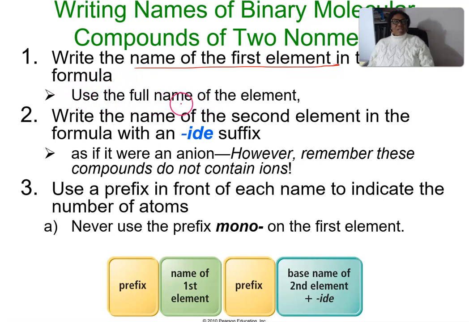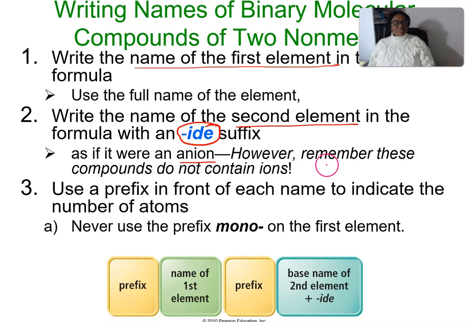Use the full name of the element. Then write the name of the second element in the formula with an IDE ending. So write it as if it were a monoatomic anion.